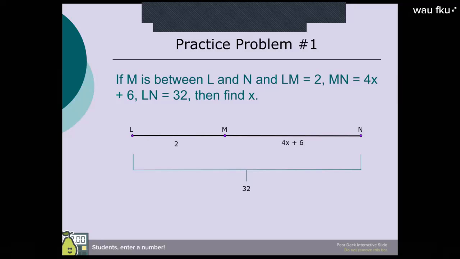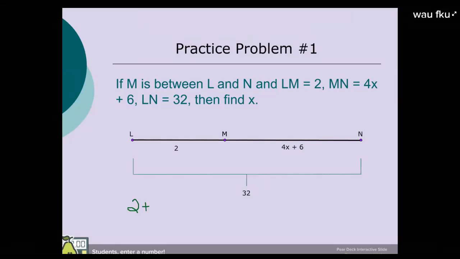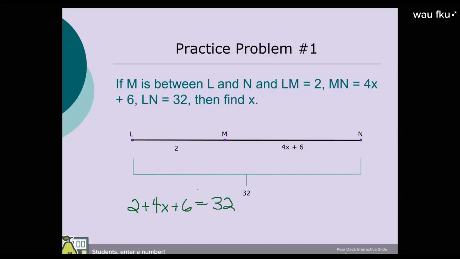So, okay. So we can set up our equation. So this piece, 2, plus this piece, which is 4x plus 6, equals the whole thing, which is 32. All right, and I can see I have like terms on this side. So 4x plus 8 equals 32. Now it's just a two-step equation.